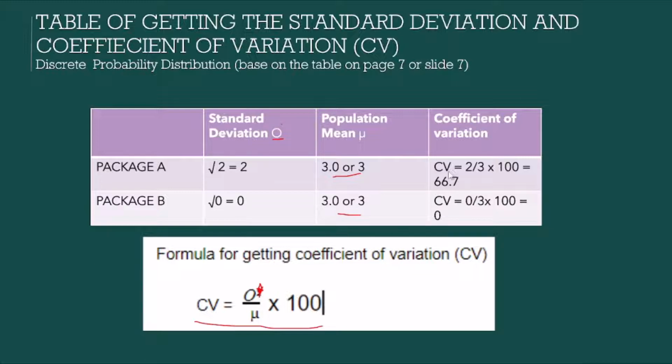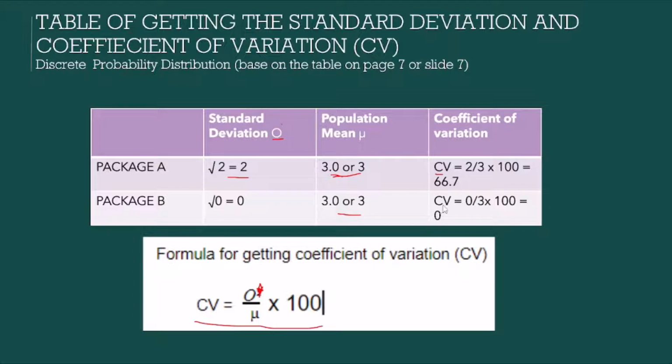So what's going to happen here is we're going to do the formula. CV equals 2, which is our standard deviation, over 3, which is our mean, times 100 is 66.7%. And in package B, we're going to do the same thing.